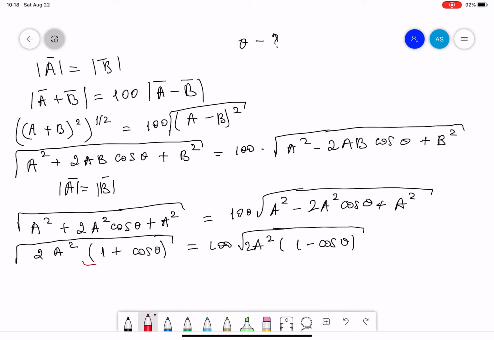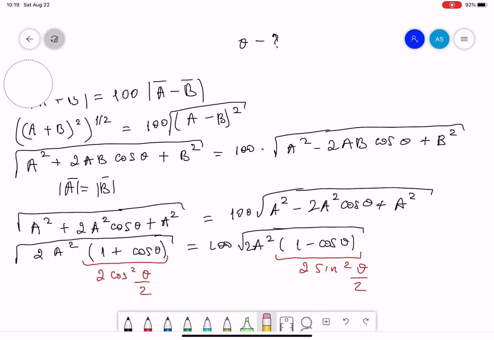1 plus cos theta is equal to 2 cos squared theta over 2, and 1 minus cosine theta is equal to 2 sine squared theta over 2. Now let's replace 1 plus cosine theta by 2 cosine squared theta over 2. Let me clean up the upper part.